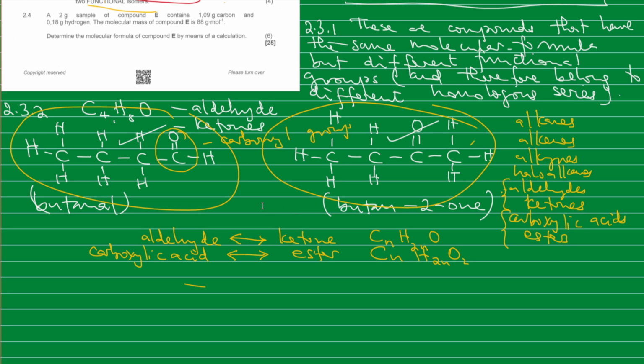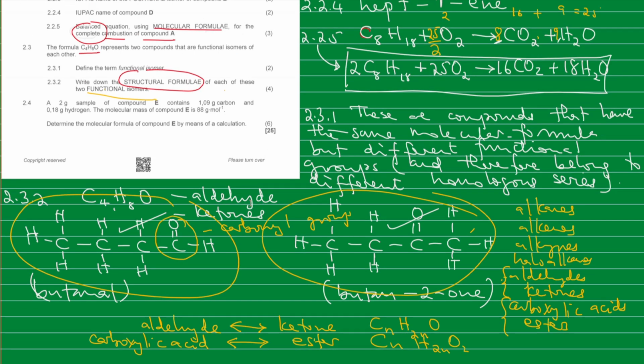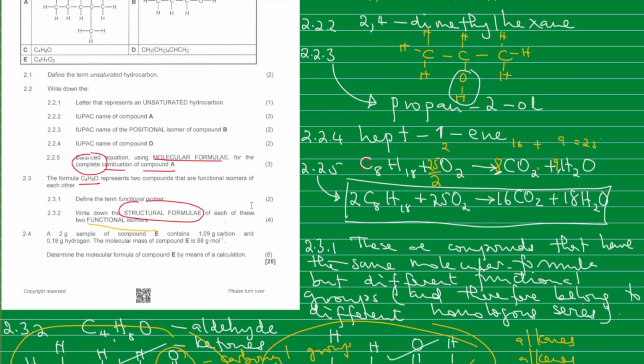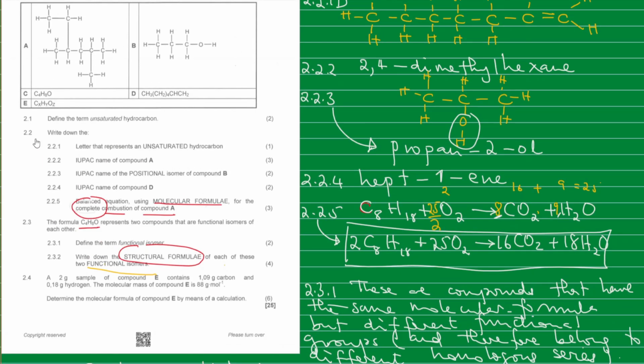Now let's take these details. We are given a 2-gram sample of compound E. Where is compound E here? Compound E is this one.